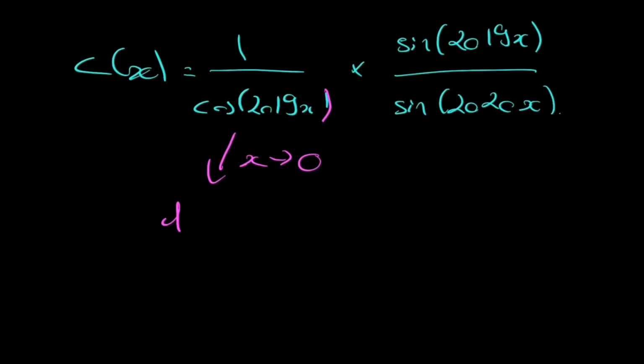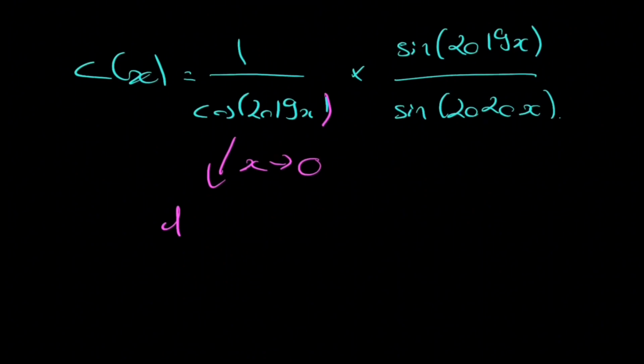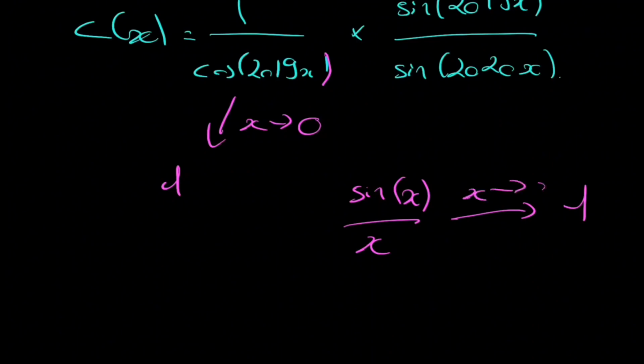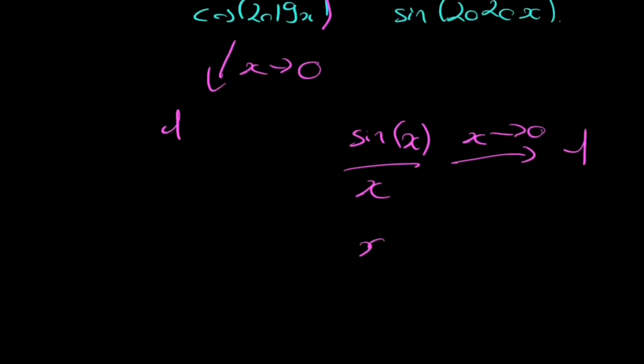And what limit do we know for sinus when x goes to 0? We do know that sinus of x over x is equal to 1 when x tends to 0, and as well x over sinus of x tends to 1 when x tends to 0.